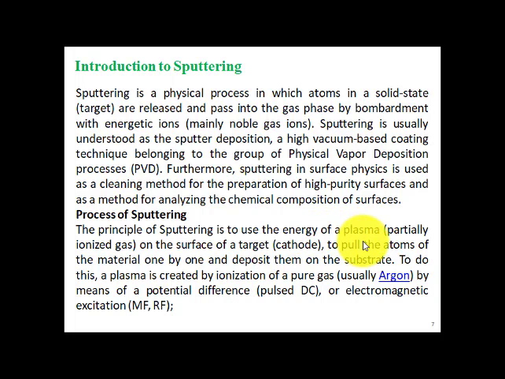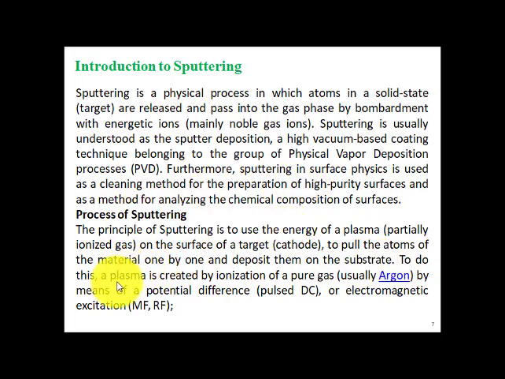Plasma is a fourth state of matter which contains neutral atoms, ionized atoms, ions, and also electrons. So in the gaseous state, the mixture of neutral atoms, ions, and electrons is called plasma. The plasma strikes the surface of a target cathode to pull the atoms of the material one by one and deposit them on the substrate.